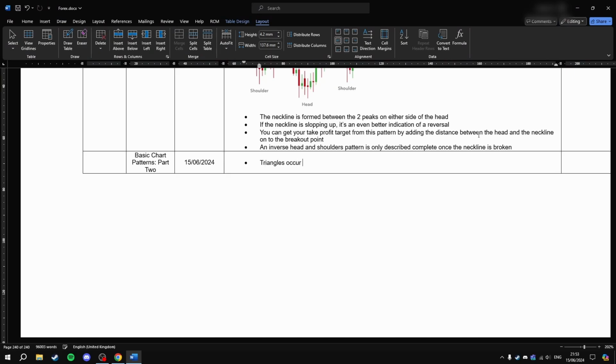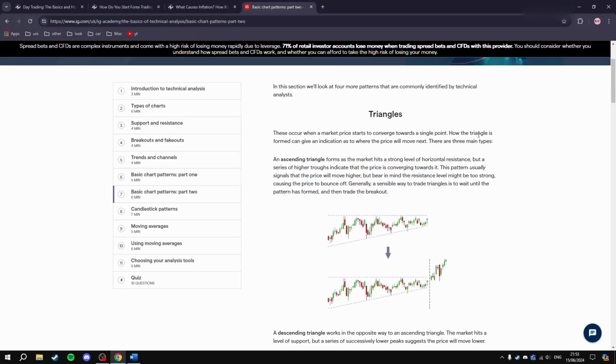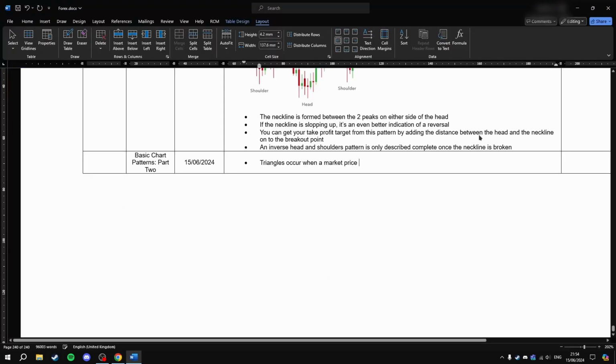Triangles occur when a market price starts to converge towards a single point.